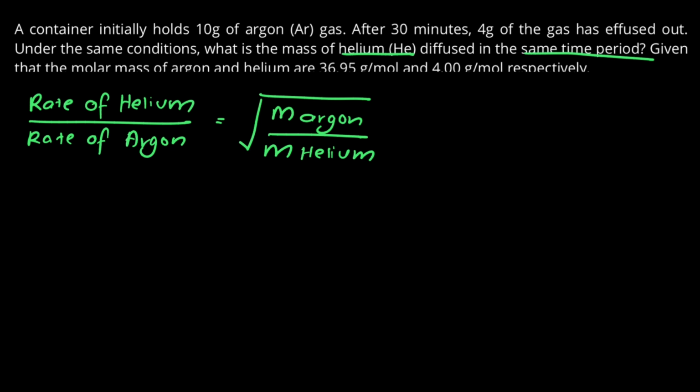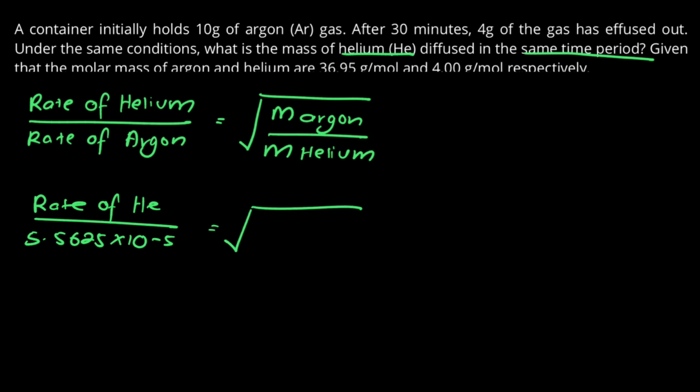Okay, the rate of argon we have calculated just now. So we can write the rate of helium divided by 5.5625 times 10 to the power of negative 5 is equivalent to the square root of 36.95 divided by 4. Alright, so we just have to calculate this part.